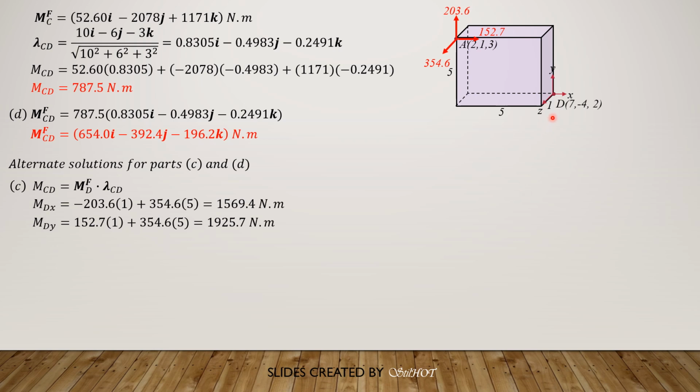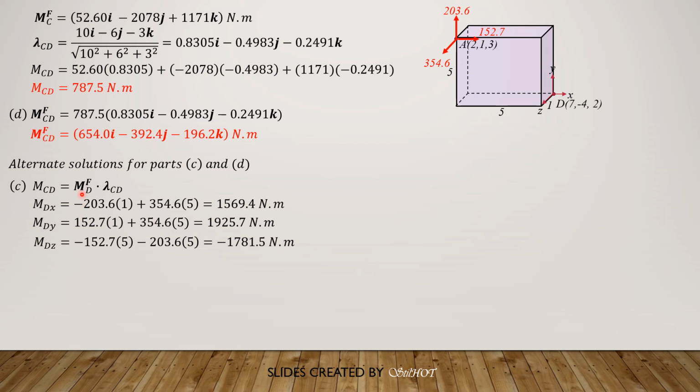And finally, the moment about Dz, so the positive sense would be that. So this is negative 152.7, and 203.6 is also negative. So negative 152.7 times 5, negative 203.6 times 5, negative 1781.5.